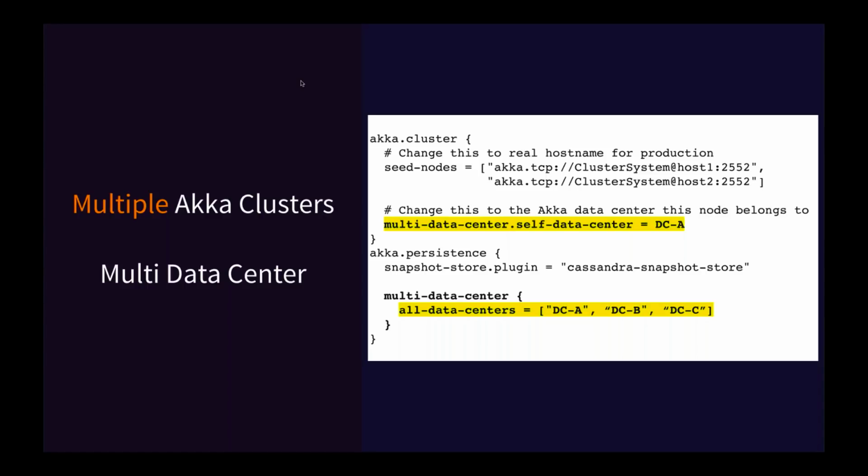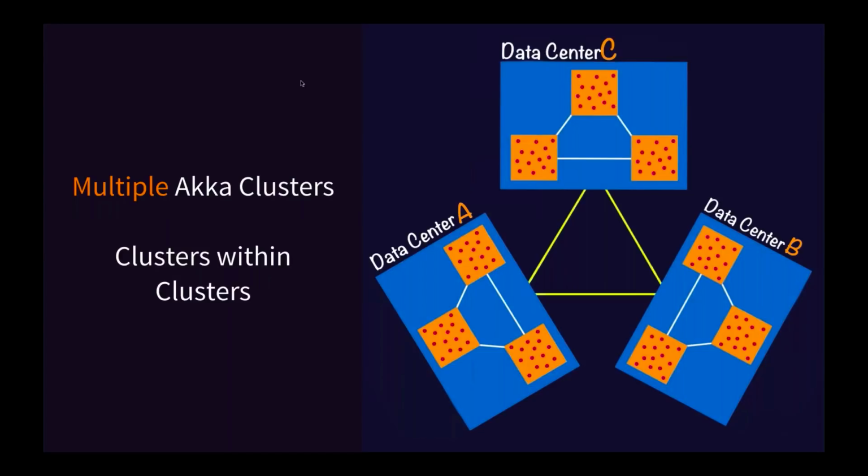There's a setting where an individual node identifies itself as being one of the nodes in, say, data center A. And then there's another configuration setting where we show that the multiple data centers are data center A, B, and C. That's shown in this diagram, where we've got these 3 data centers set up.